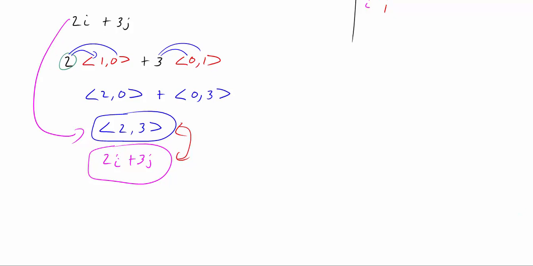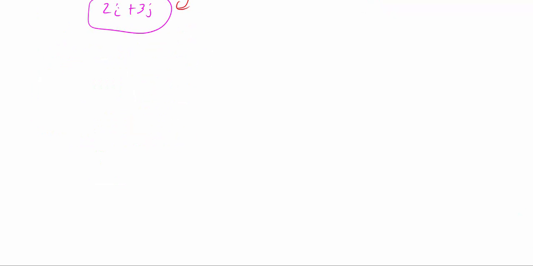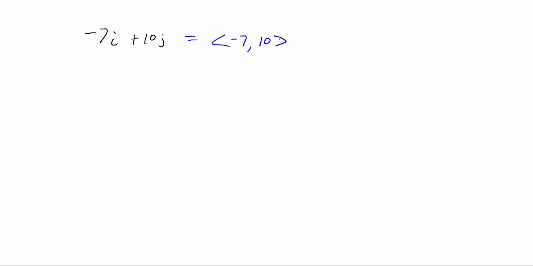For an example, if I was to give you the following linear combination, negative 7i plus 10j, then that would be equal to (negative 7, 10). The I represents the horizontal and j represents the vertical, so that would be a positive 10.